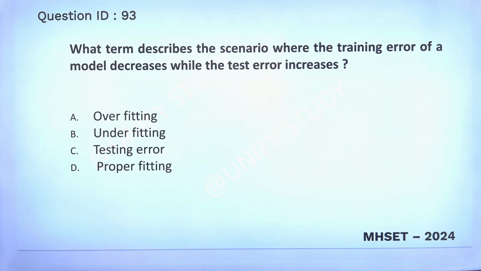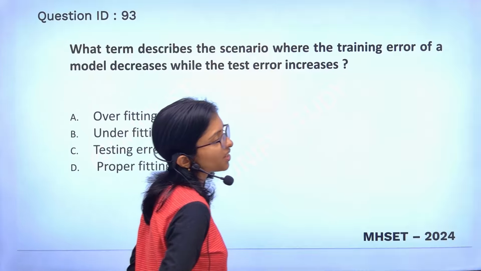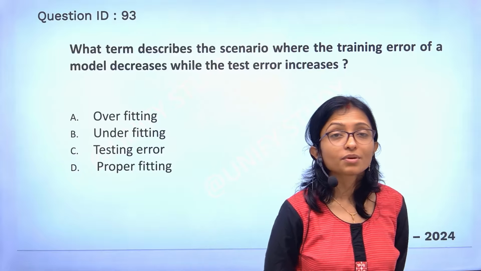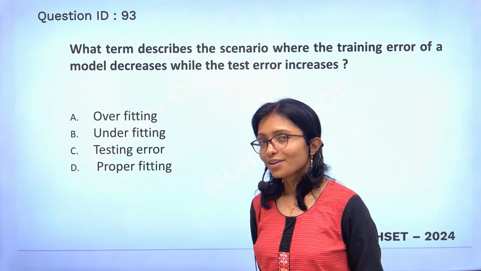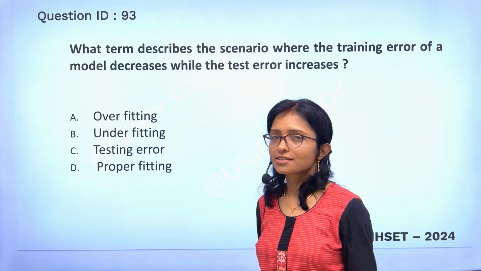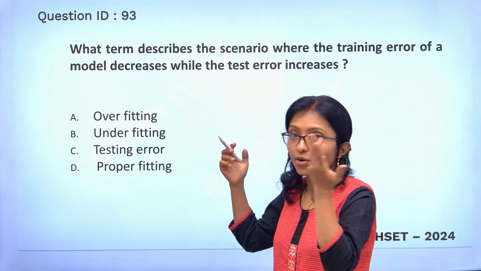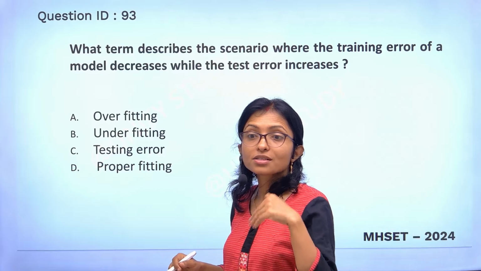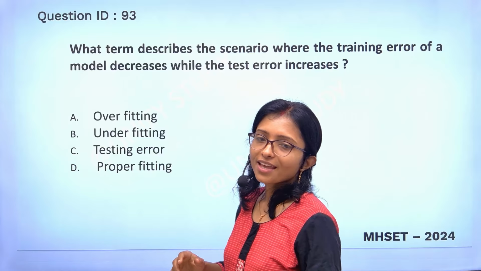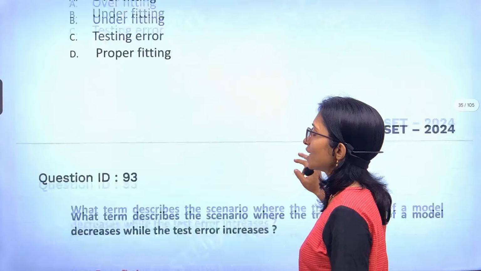Still making mistakes. The term describes the scenario where the training error of a model decreases while the test error increases. At the time of training you are coming on the leaderboard because you are trying to memorize all the answer keys and doing super fast. But in the exam hall you are not able to perform well because you did not learn properly. You are overfitting with yourself.